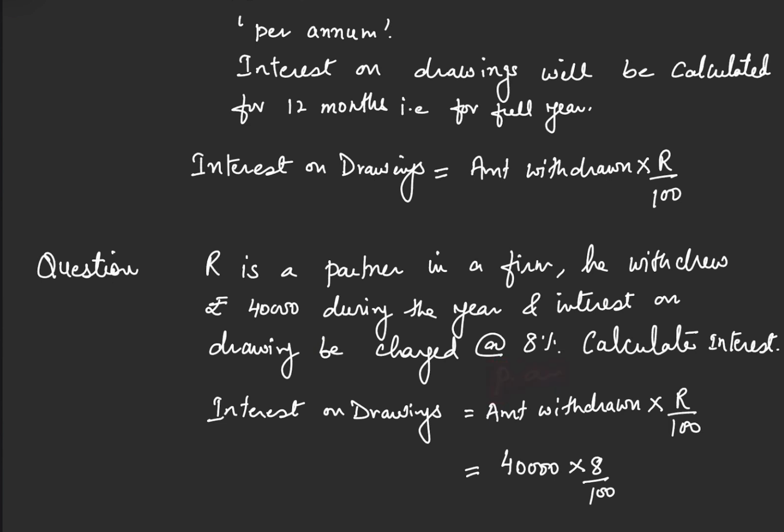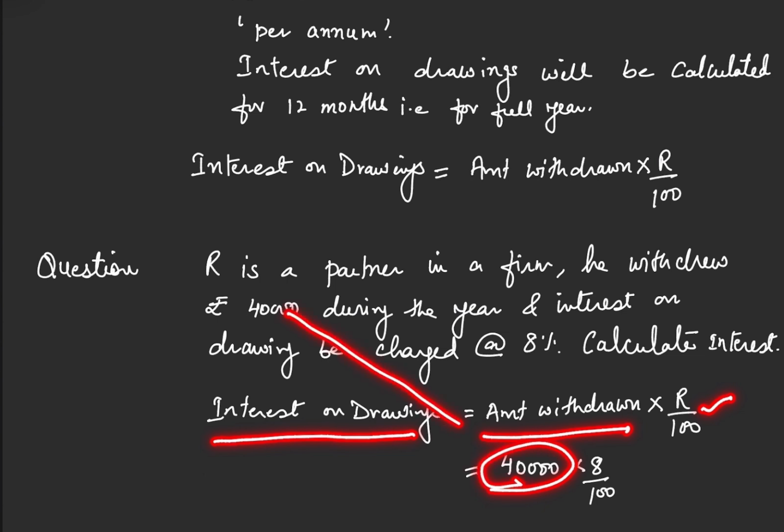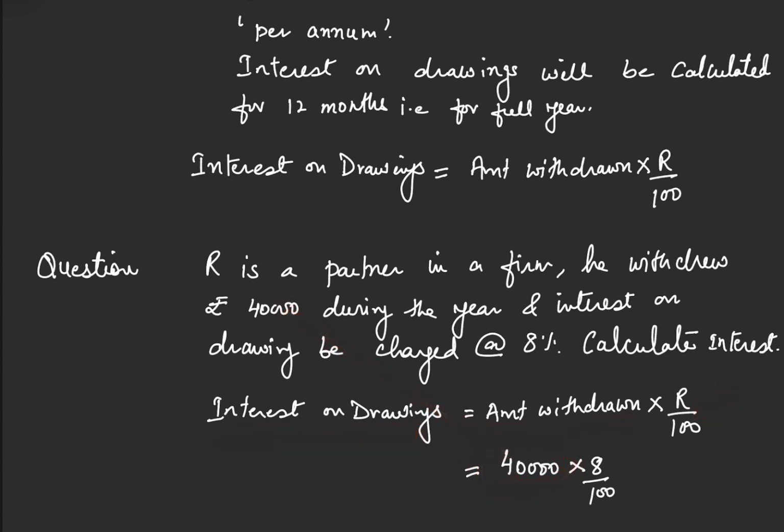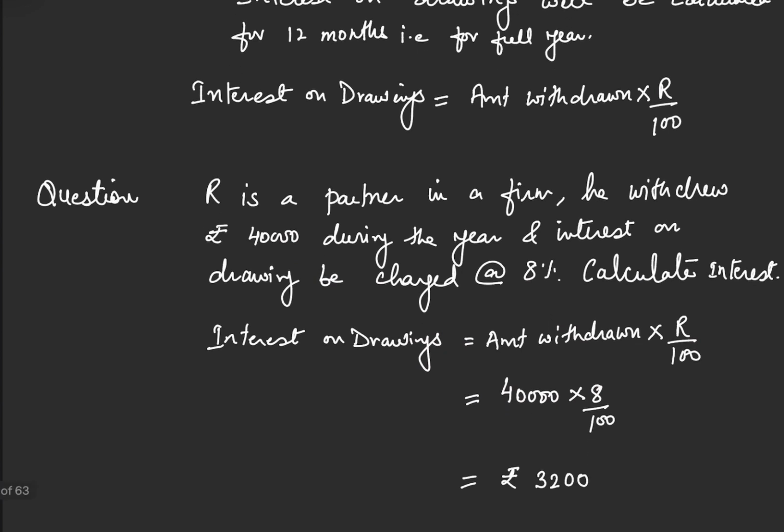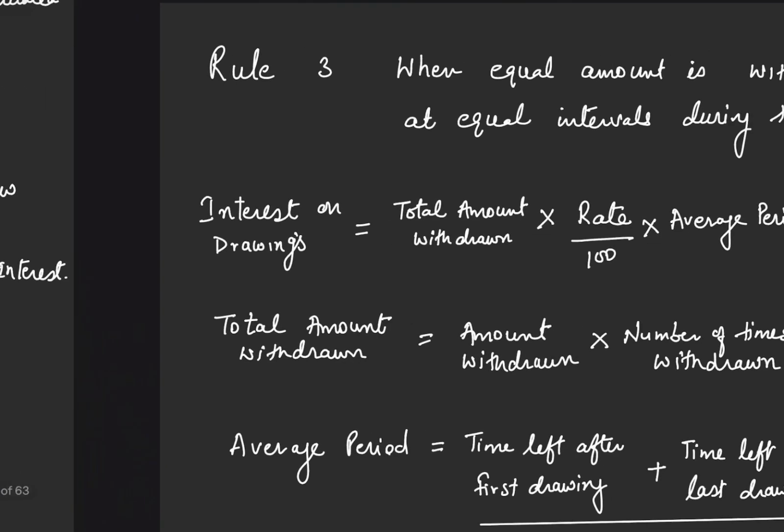So rule number 2 will be applied to calculate the interest on drawings, that is amount withdrawn multiplied by rate upon 100. Amount withdrawn is given in the question as rupees 40,000 and rate is 8 upon 100. Thus, the amount of rupees 3,200 will be paid by R as interest on drawings. Now let's move on to rule number 3.